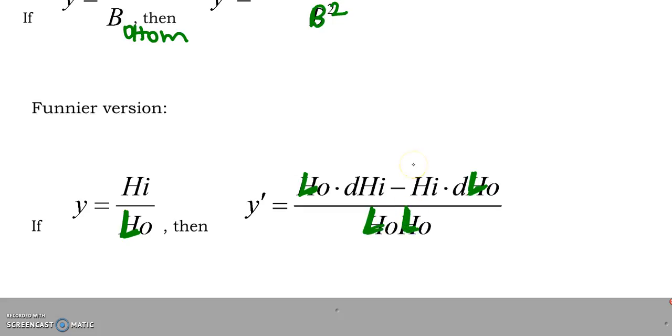So high being the higher function, low being the lower function in position, not necessarily in value. Okay, so if I'm doing bottom times the derivative of the top minus the top times the derivative of the bottom divided by the bottom squared, this also becomes low d high minus high d low over low squared. That d representing taking the derivative.